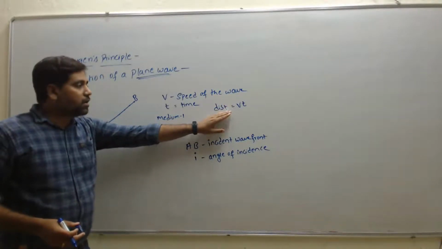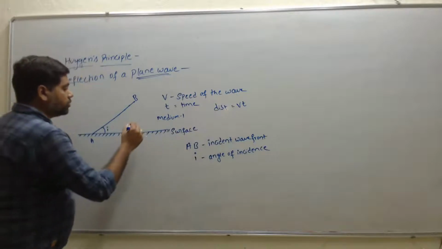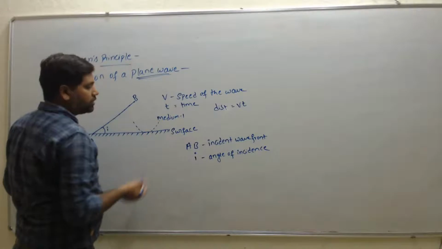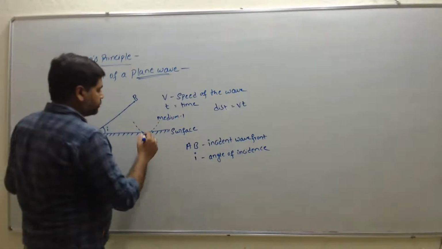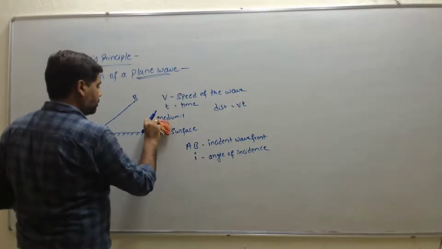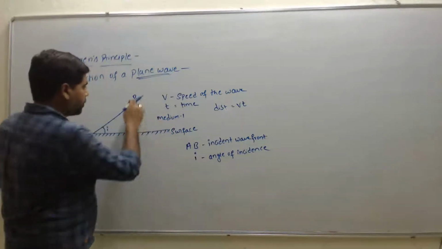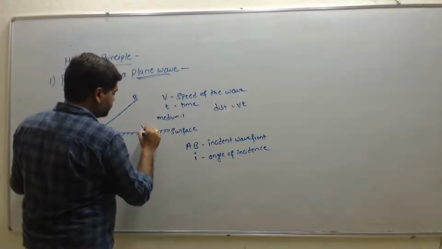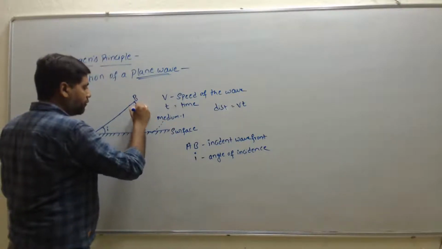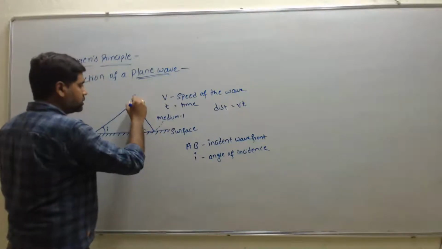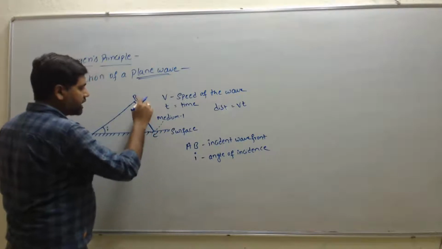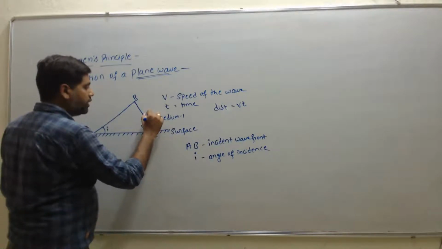So to find the wavefront, we have to draw the sphere of radius Vt. If I draw the sphere from here to here, this becomes the sphere. Then if I draw one perpendicular, the distance traveled, BC, is V into t.